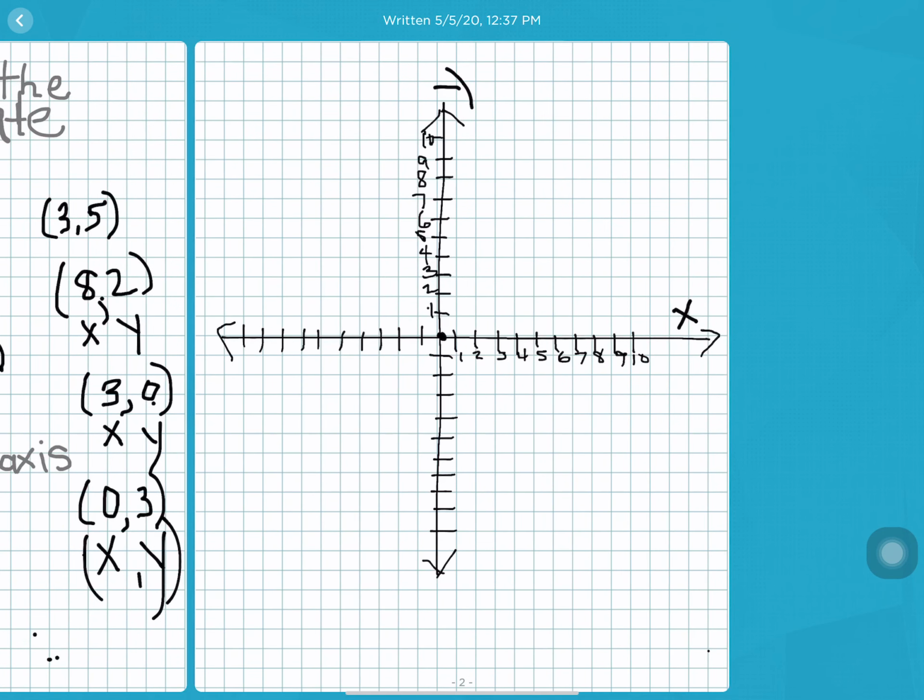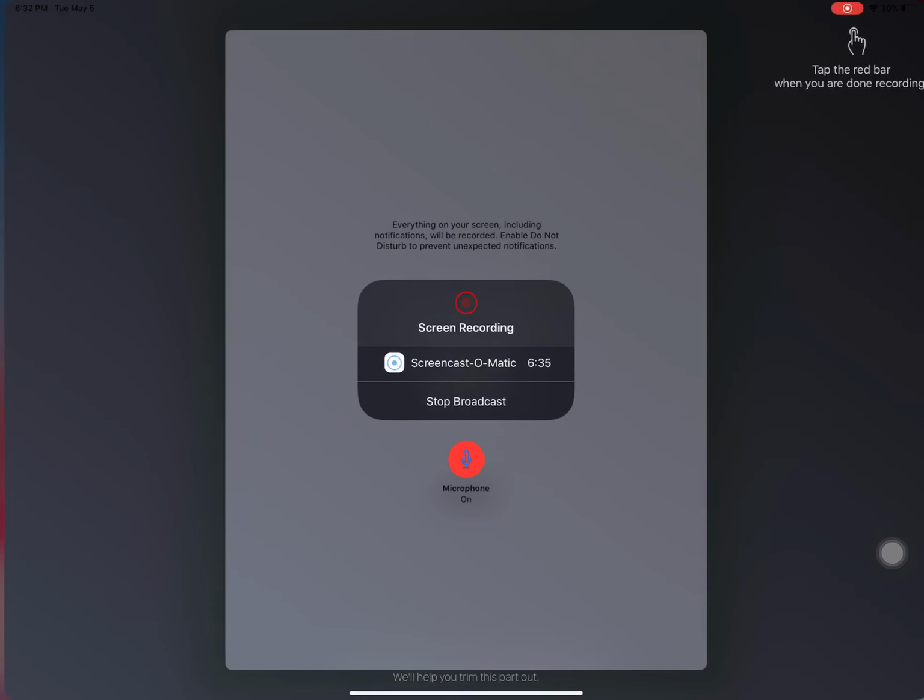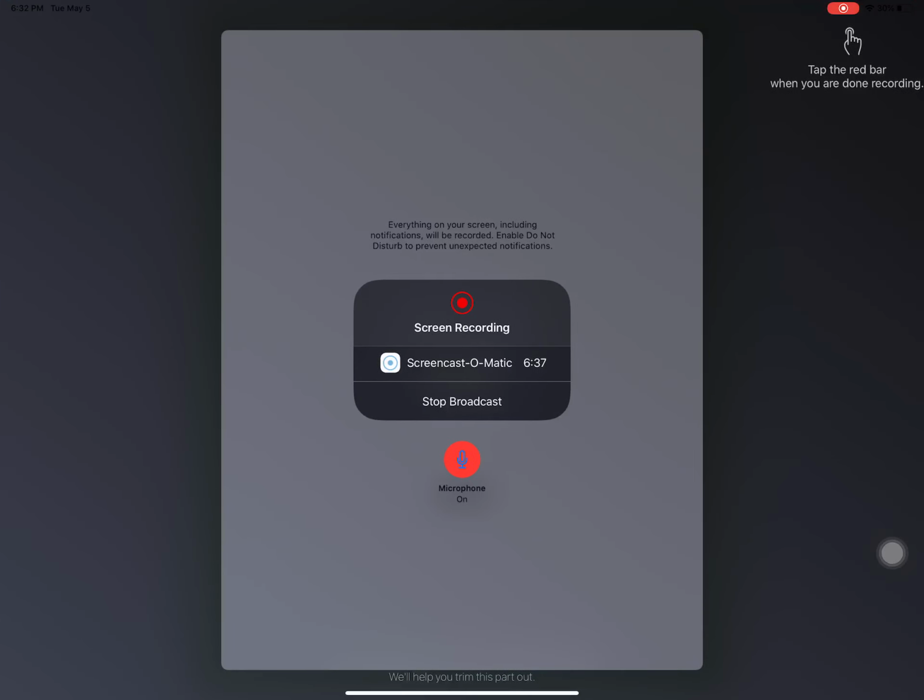The horizontal axis is like the number line that we're used to seeing.